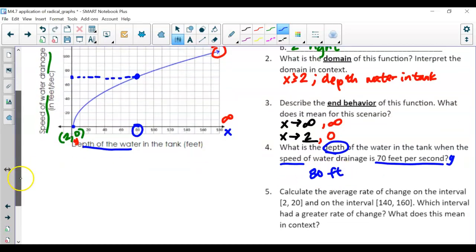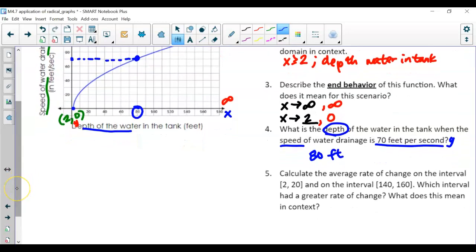Now, question number 5 is calculating the average rate of change. If we don't recall, average rate of change is just another way of asking for the slope, but we're going to take the average. So here, for example, we are talking about the average rate of change from 2 to 20.